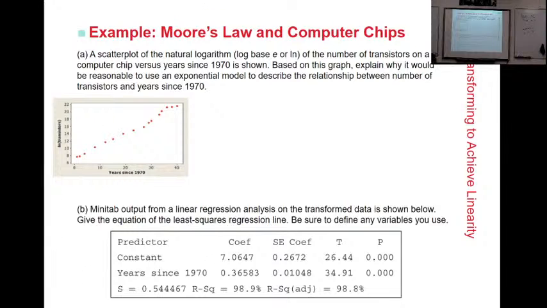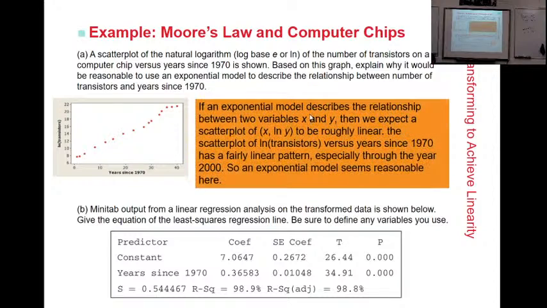So the main thing that you will need to notice for that, so we have a linear pattern between x and, in this case, they use natural log. We can use any base log, but they use natural log. And the main thing that you will need to know how to do is to take this computer output, and make sure you know how to get the equation from there.